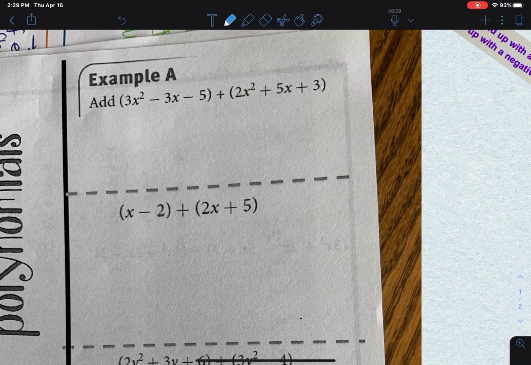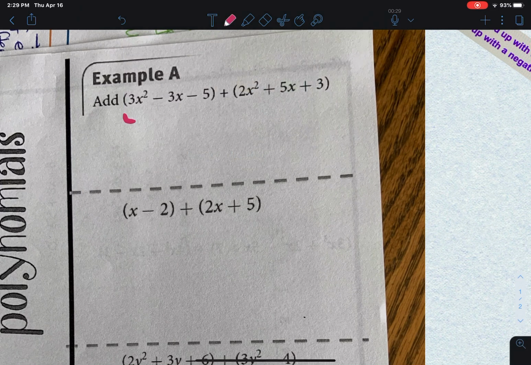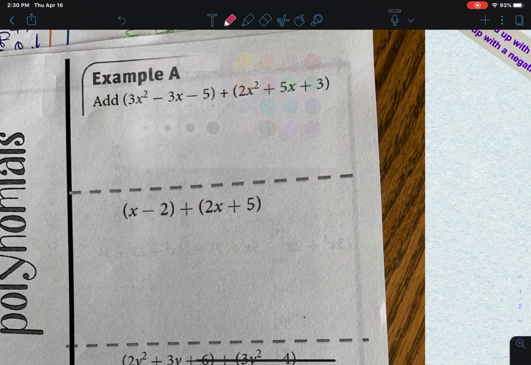If I look at all of those, the highest exponent I see with the variable is x squared. So I'm going to make 3 columns. Make this a little smaller so it's easier to read. There we go. x squared, x, and then my number.